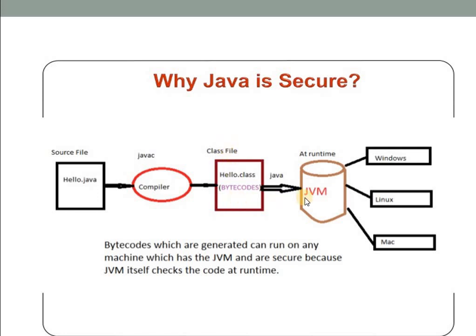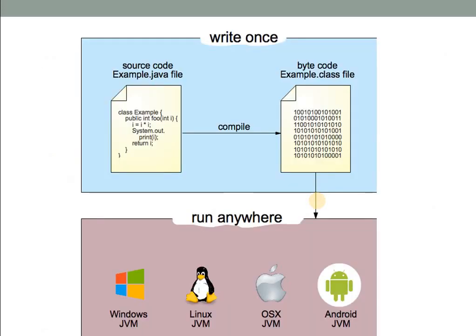This bytecode will be given to the Java Virtual Machine, that is what we call JVM. The Java Virtual Machine can pass this bytecode to any platform like Windows, Linux or Mac, and that is why we call it write once, but you can run it anywhere.